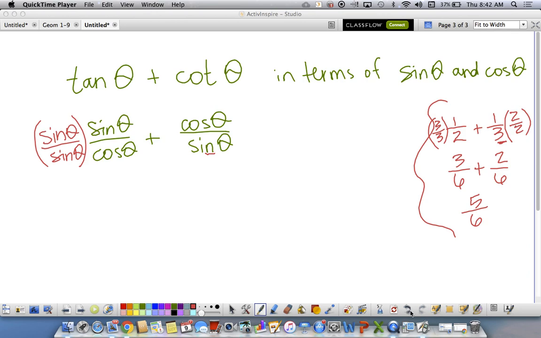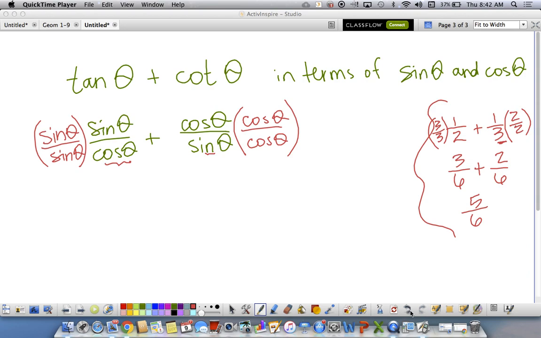We're going to take this denominator and multiply it by this side: cosine theta over cosine theta. Do we all know I just multiplied each fraction by 1? So did I change anything about the fraction? No. But now all of a sudden, let's simplify our fractions.